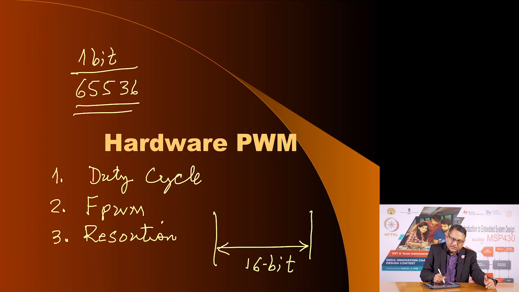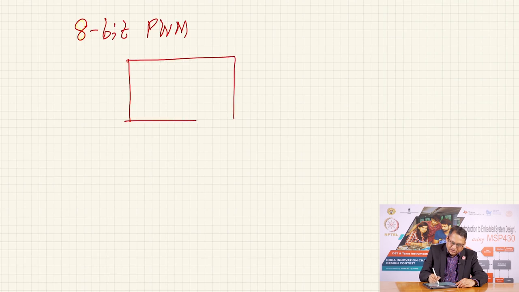Now, here is the impact of choosing or varying the resolution of the PWM signal. If you choose an 8-bit PWM, what that does essentially is that here is my PWM generator.